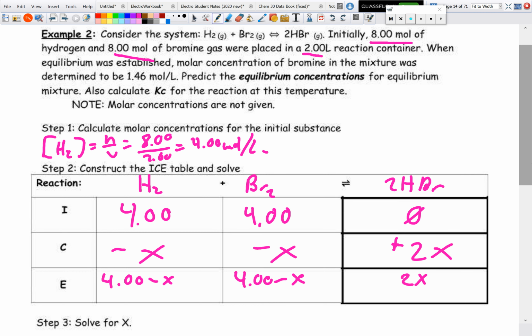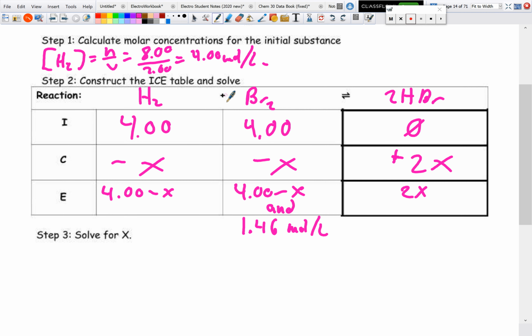Now, as we read, when equilibrium is established, the molar concentration of bromine in the mixture was 1.46. So we will notice that for this particular one now, bromine has 2 expressions.